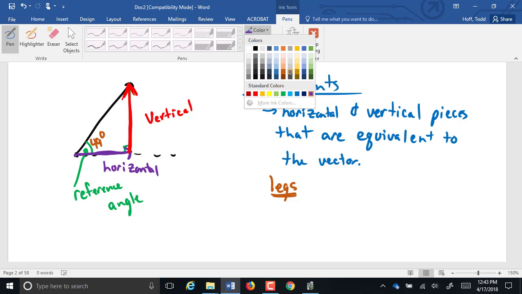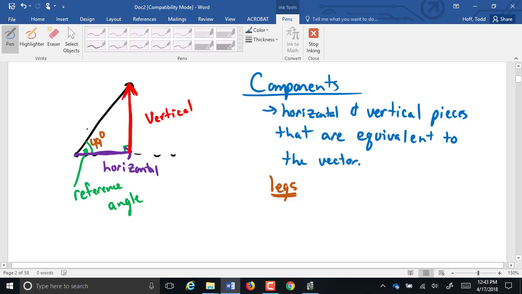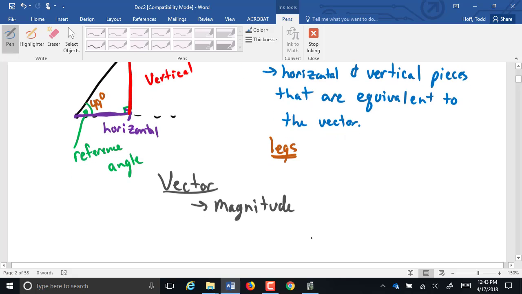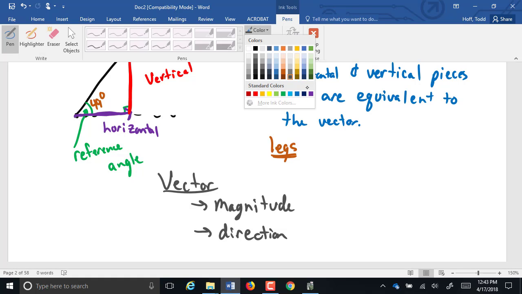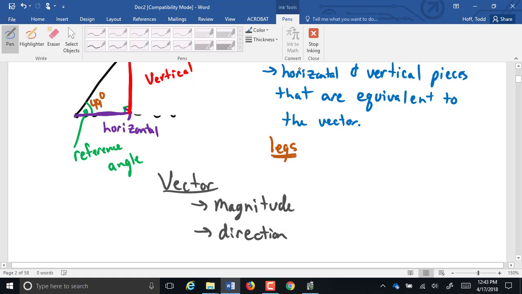So let's do some terminology here. That vector has two pieces. A vector has a magnitude, kind of like we saw with speed, 55 miles per hour with magnitude, and then it has a direction. The magnitude is going to be specified with the letter P. Why don't we use the letter M?